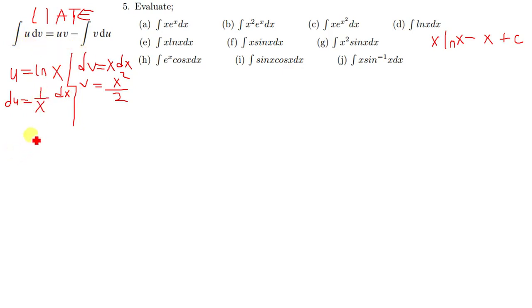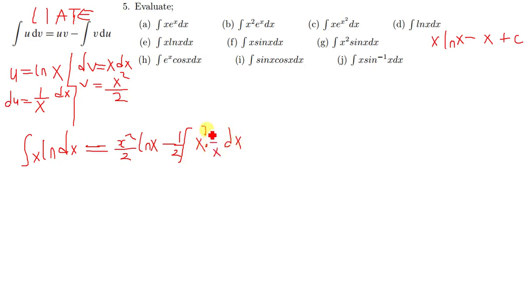So you're going to have something like this: the integral of x ln x dx will now just be equal to uv, so it's going to be x squared over 2 ln x, and then minus the integral of my v, which is x squared, so I can write it as 1 over 2 outside, and then x squared there, and then my du is 1 over x dx.